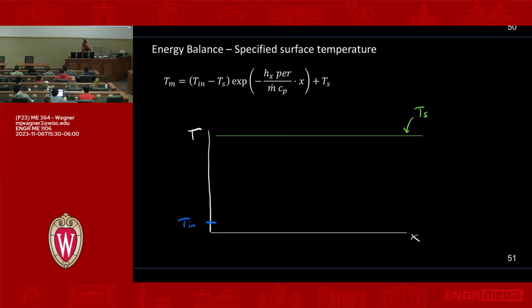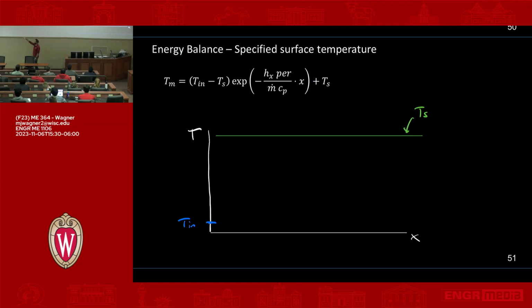So remember I said something about this form of an exponential. What is being multiplied by the exponential? Well, T in minus Ts, or I guess Ts minus T in in this case, where you're taking that temperature difference, and as x grows, that temperature difference is getting smaller and smaller.